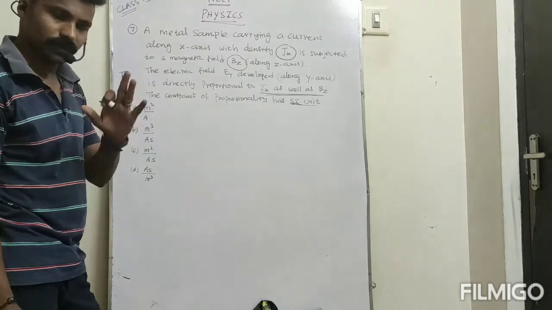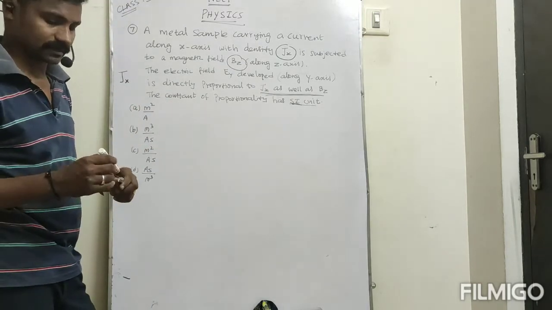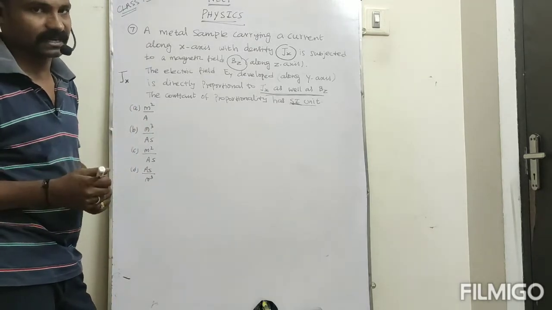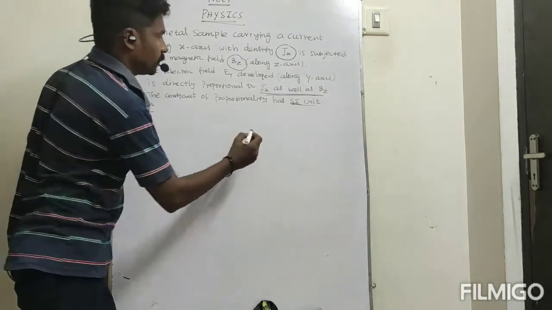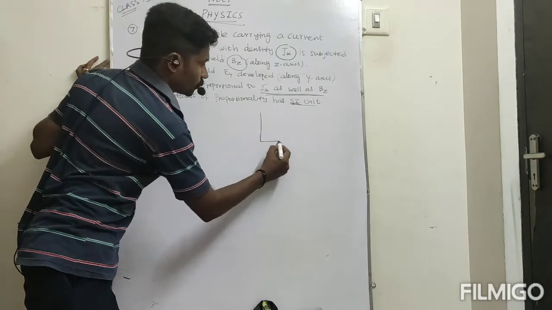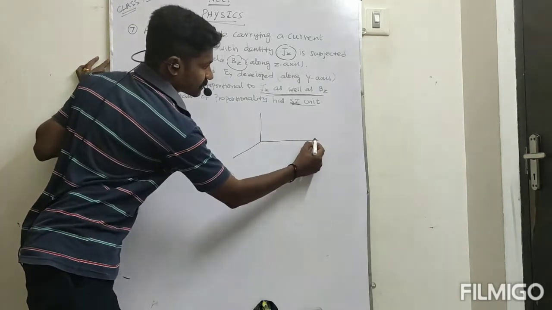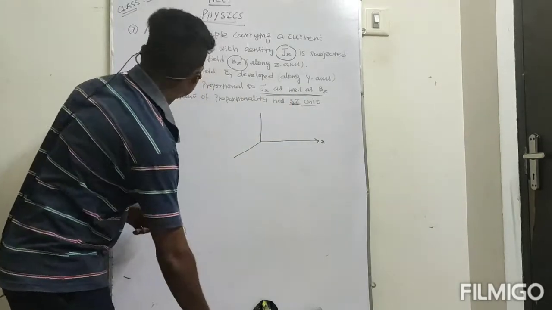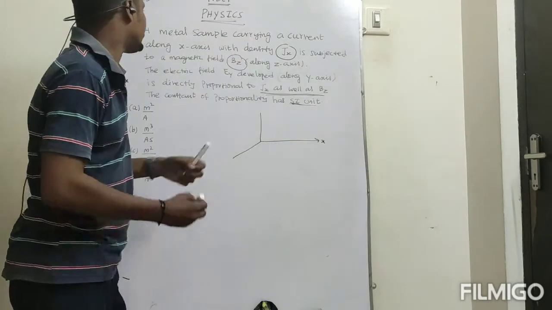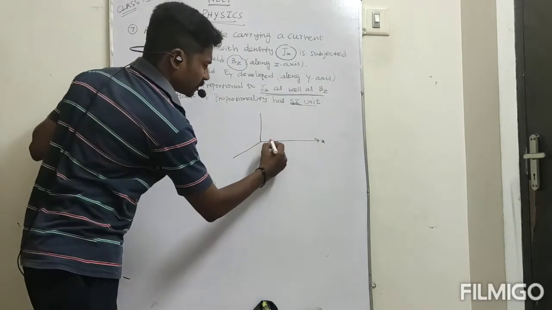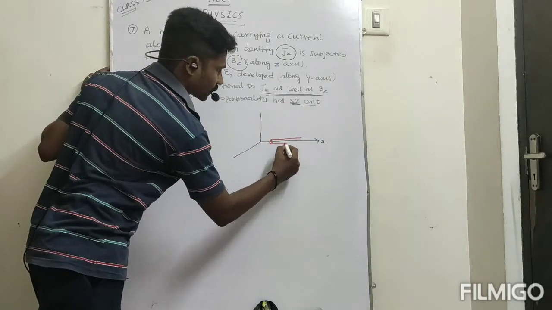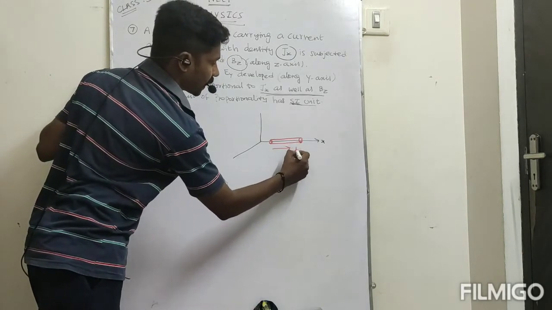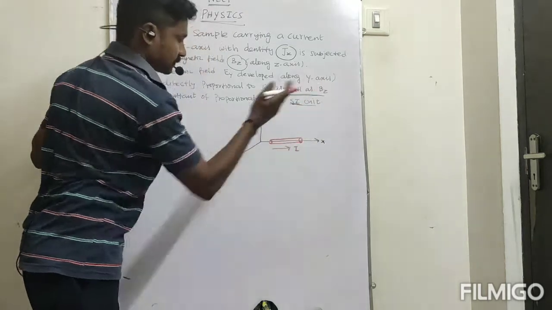But you know, in the 10th standard you get a common idea about the current direction as well as the magnetic field direction. So according to that, let us take the x-axis. A metal sample carrying a current along the x-axis, so it is a conductor, having the current I in the x-axis.